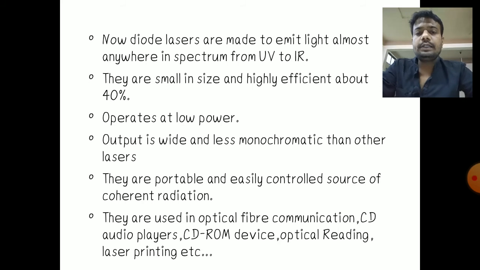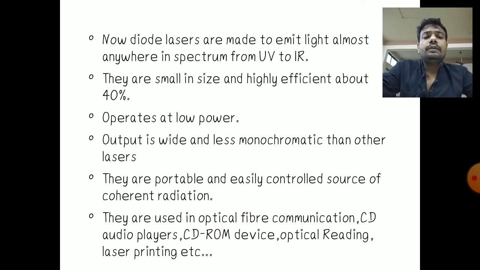Means semiconductor lasers emit light from the ultraviolet region to the infrared region of the electromagnetic spectrum. These lasers are small in size and highly efficient. The efficiency of this semiconductor laser is about 40%, and they operate at low power. So this is a merit of these semiconductor lasers.